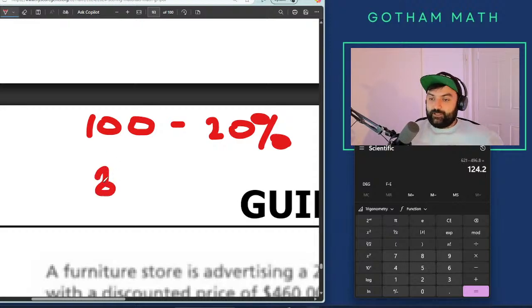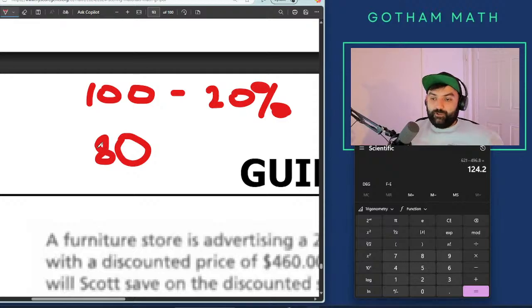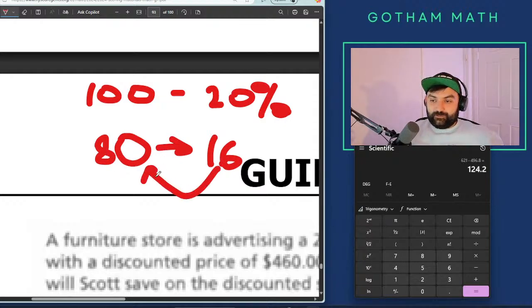So now you have $80, okay? If you want to return back to 100, you can't take 20% from 80, because 20% of 80 is 16. So if I take 20% of 80 and put it back, you're not going to have 100. You're going to have 96.